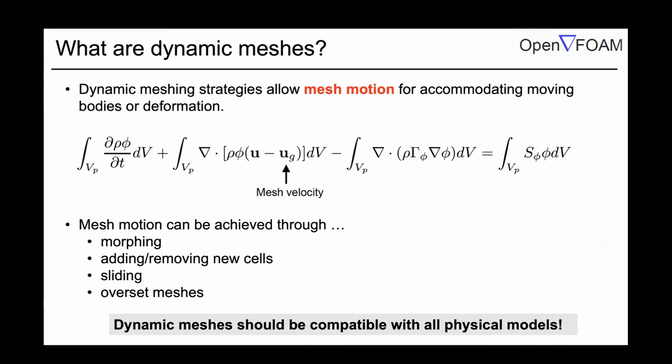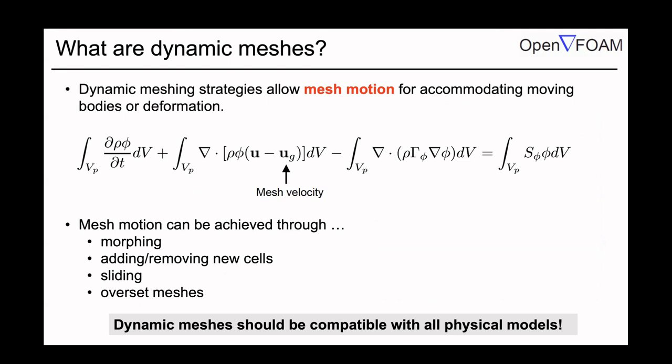So when you actually morph a mesh, particularly when you want to incorporate this dynamic meshing strategy, what changes do you see in your governing equation? If you see the general scalar transport equation, we have to consider the relative velocity of the body and the grid velocity in the convective term of our momentum equation.